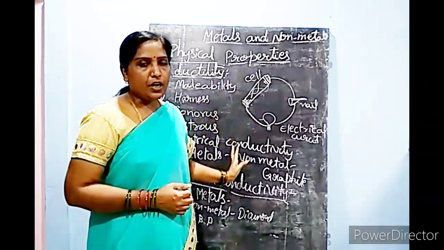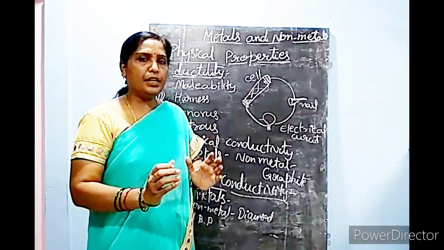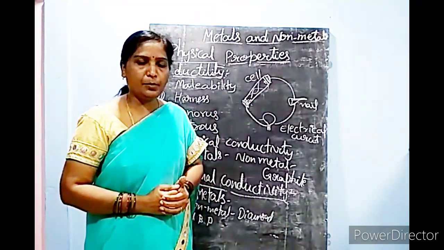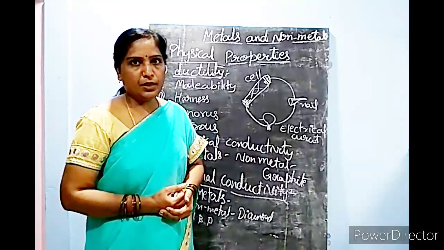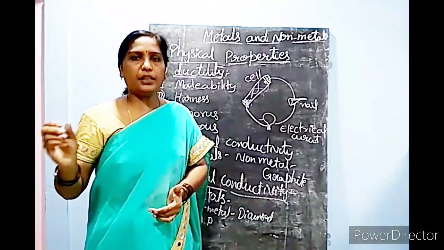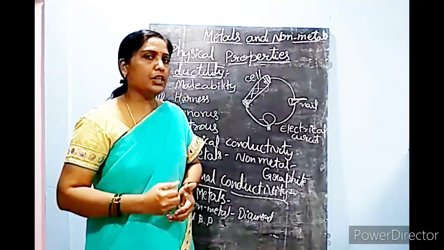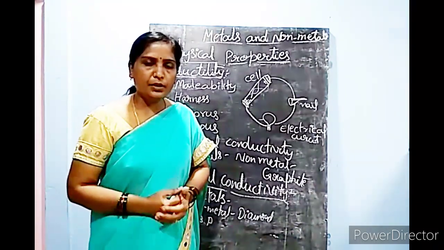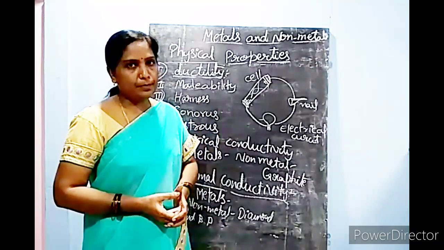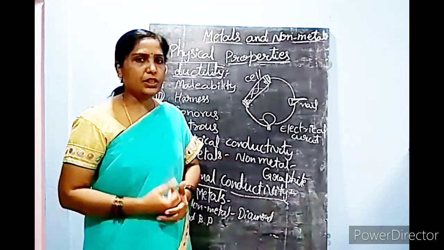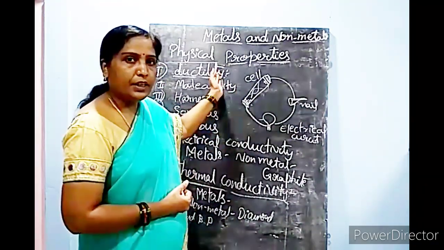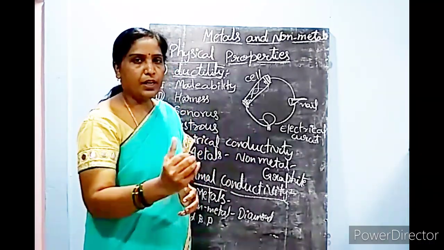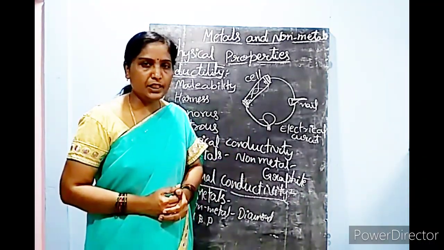So, are all these properties enough to find out the metals and non-metals? You see in your periodic table, most of the metals are given in green color, blue color. You find out how many elements are given in the blue color. Those all are metals. Then, are all these physical properties enough for us to divide them as metals and non-metals?